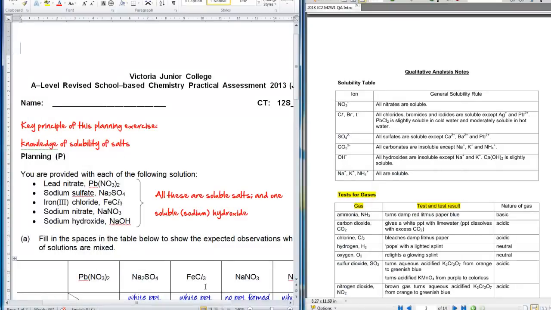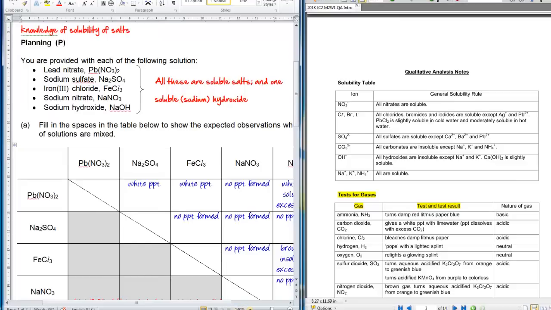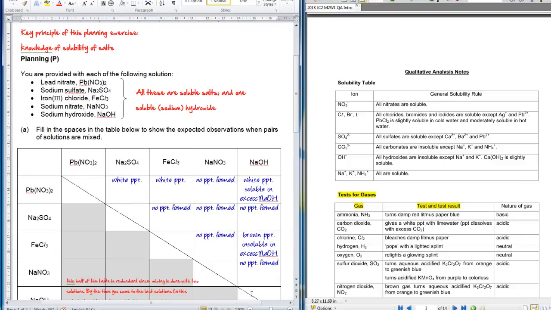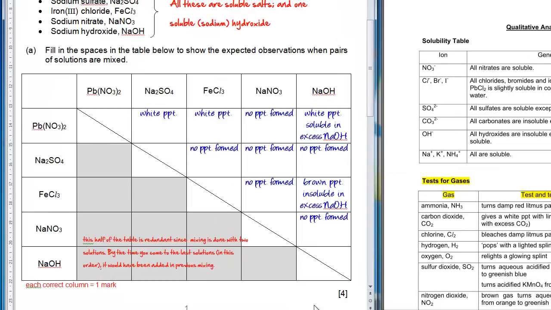If you look at this table, I'll fill in the blanks for you. This table is where you're supposed to fill in the expected observations when pairs of solutions are mixed.